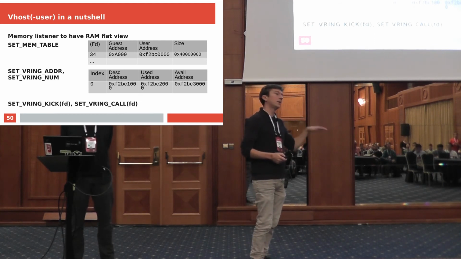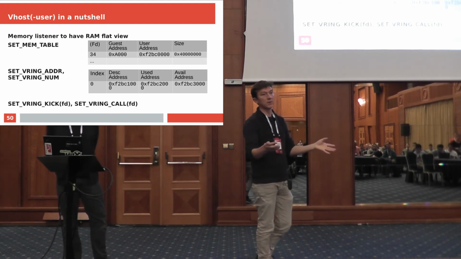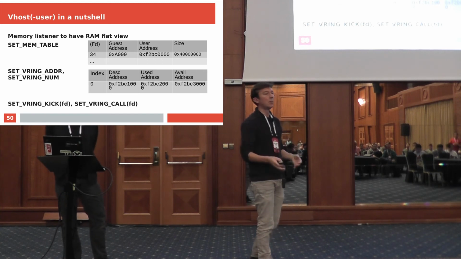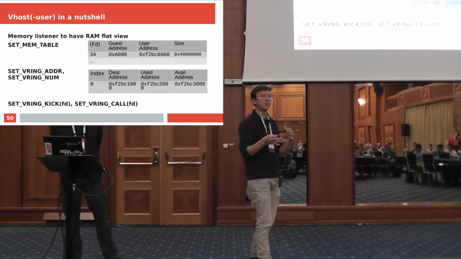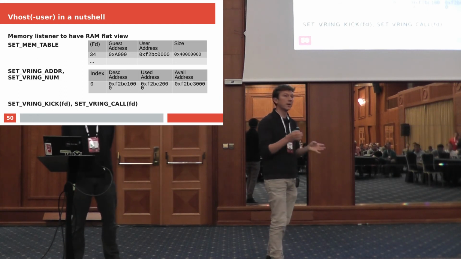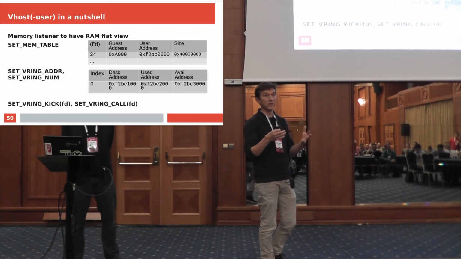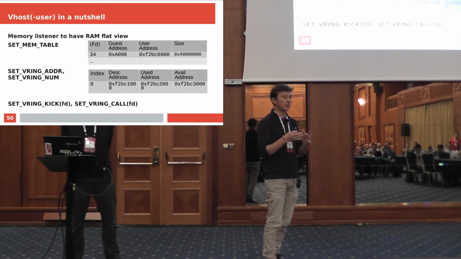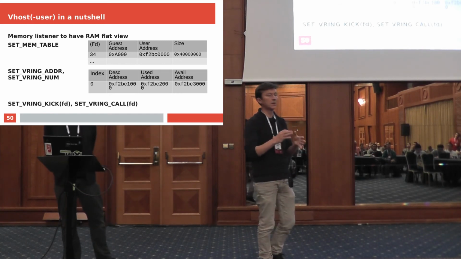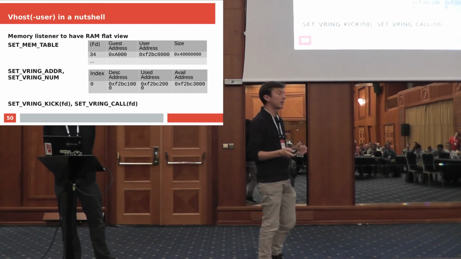Currently this is not very secure because this outside process can do anything it wants with the memory of the guest. But there is hope that in the future we manage to isolate the memory, so you only get access to the memory you are allowed to. There are some tricks we could do with, for example, userfault. I discussed it a bit with Andrea. It's not yet possible, but maybe in the future we could have IOMMU support in user space, some kind of emulated IOMMU. So that's very interesting.